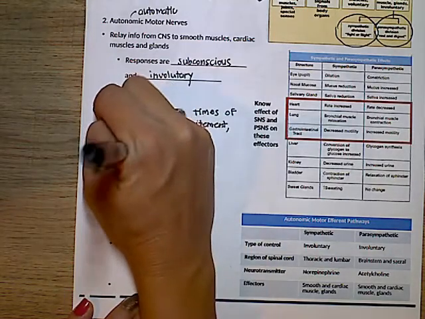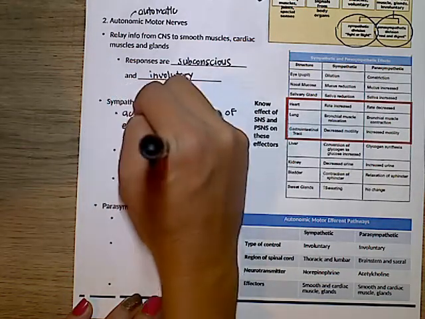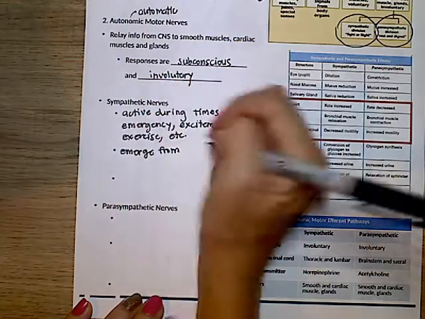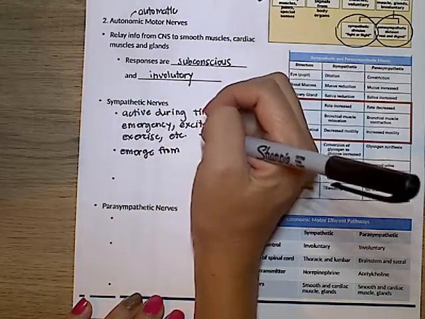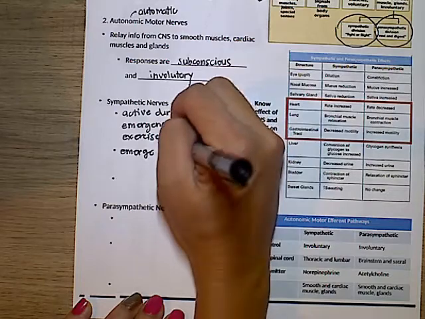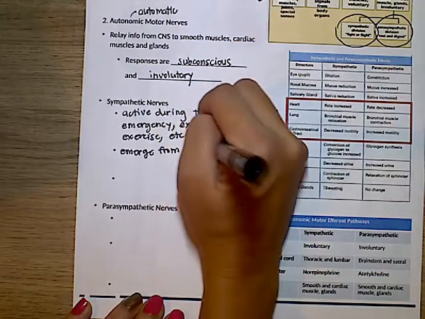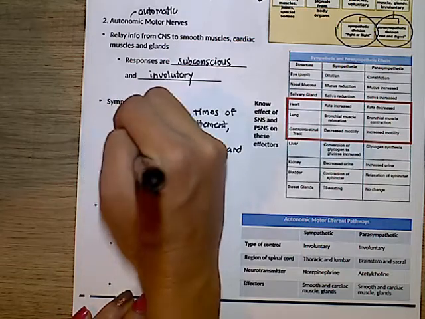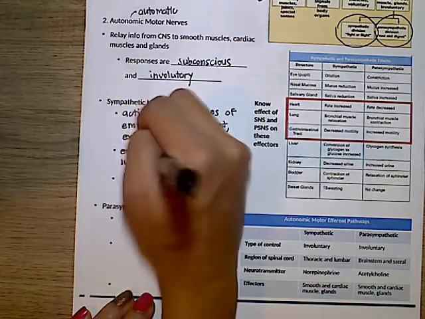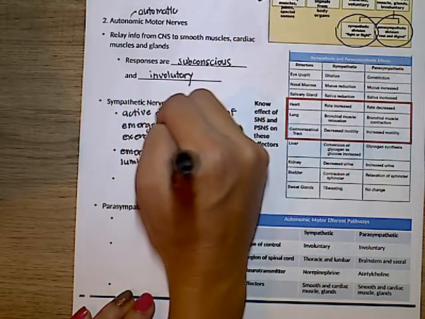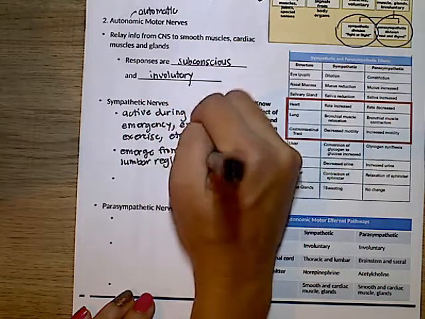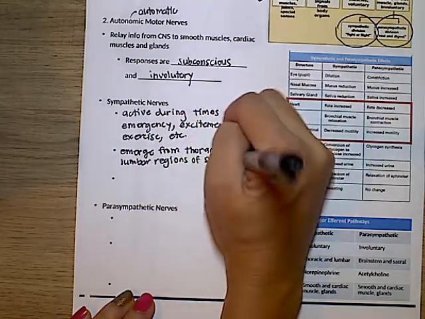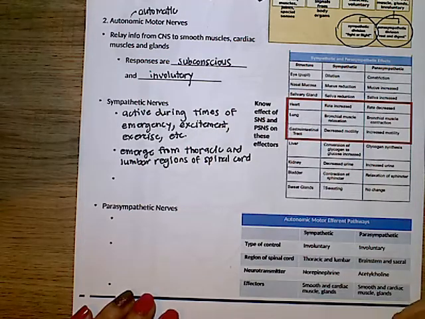And these emerge from your thoracic and lumbar regions of the spinal cord. So like mid to lower back.